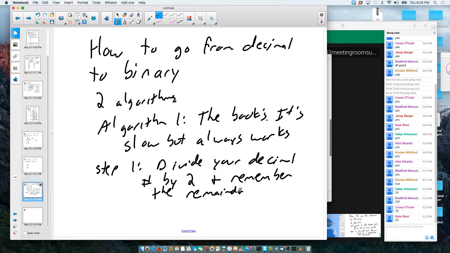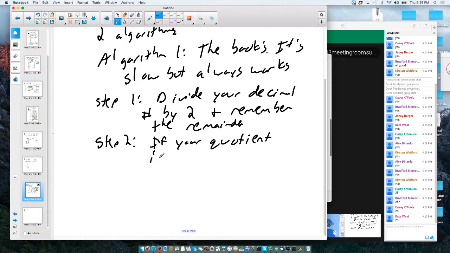Step 2, if your quotient, the thing you got when you divided, is not yet 0, go back to step 1.